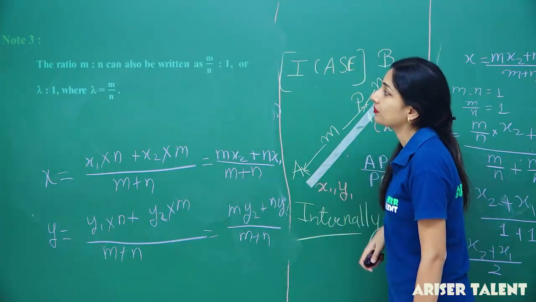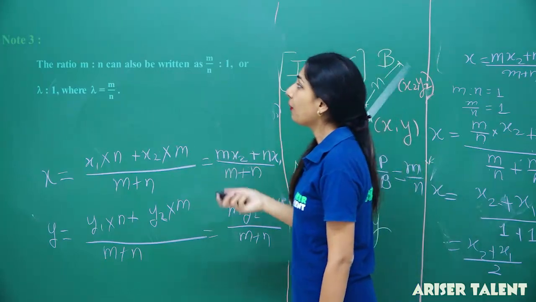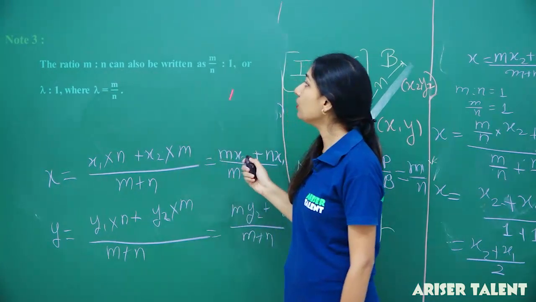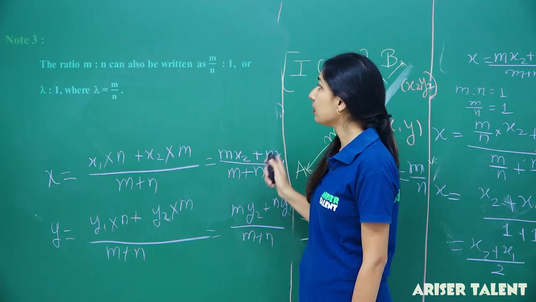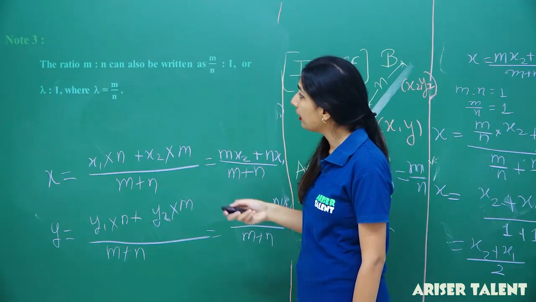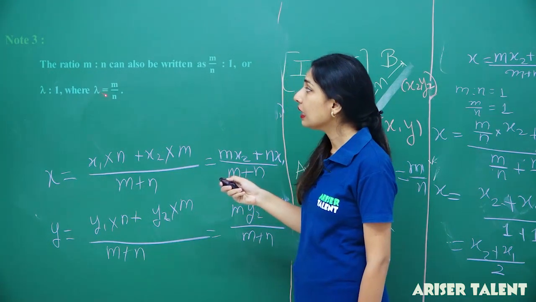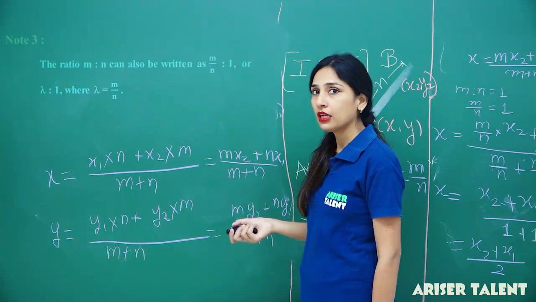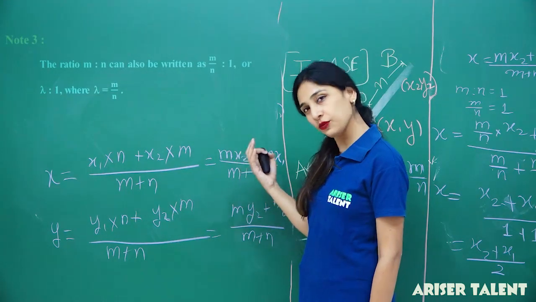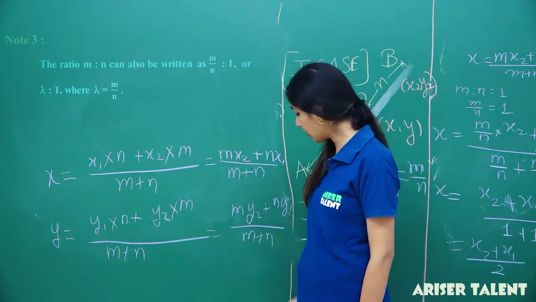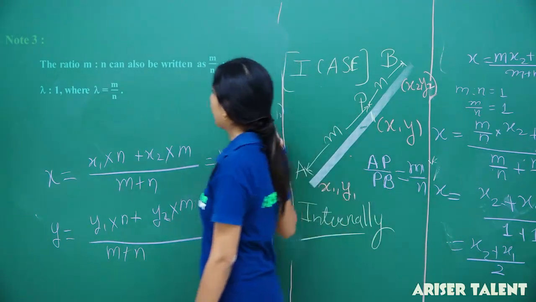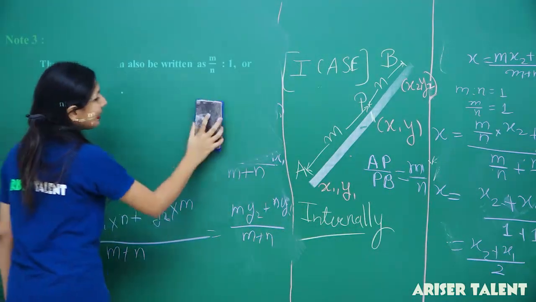Now, third point, the ratio m by n can also be written as m by n is to 1, or lambda is to 1, where lambda equals m by n. Now, it's a little bit confusing to you guys, so we'll find it very easy.